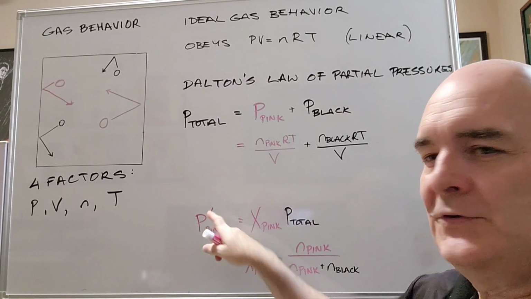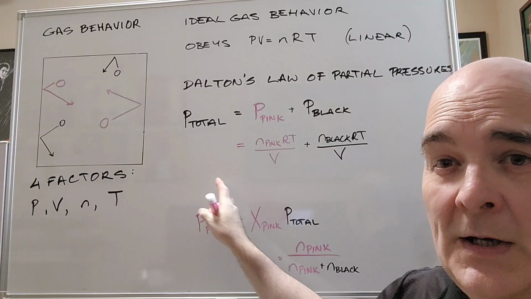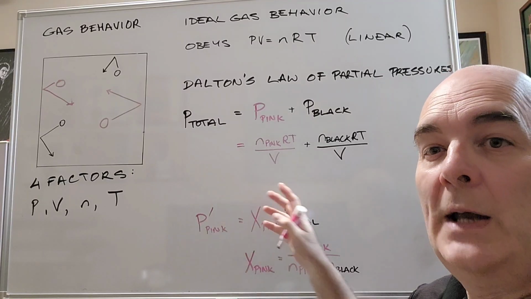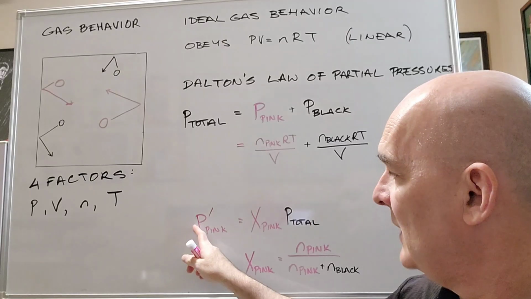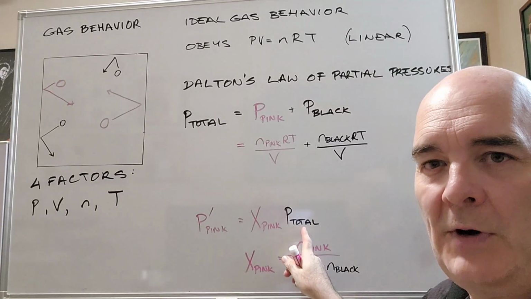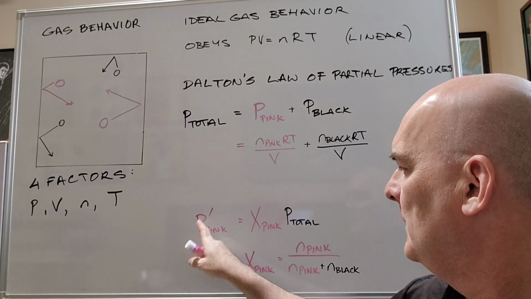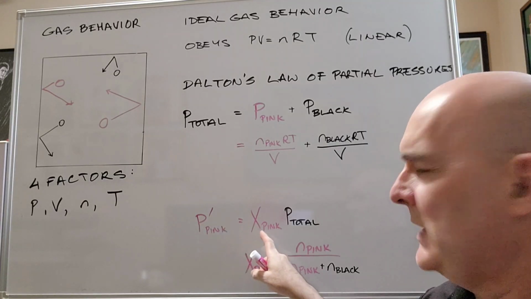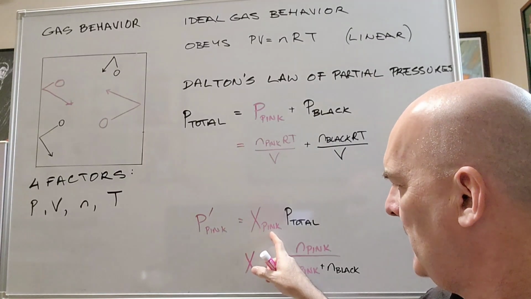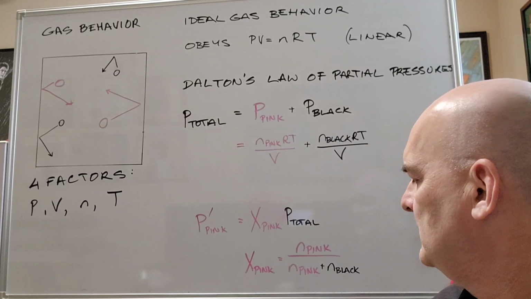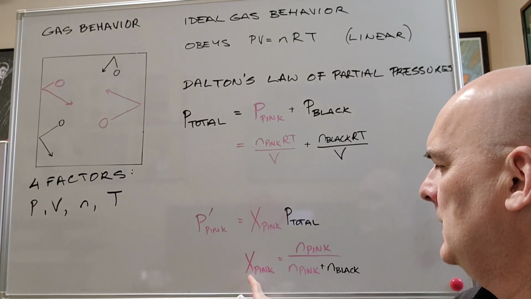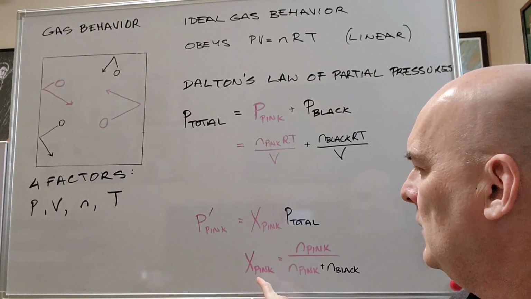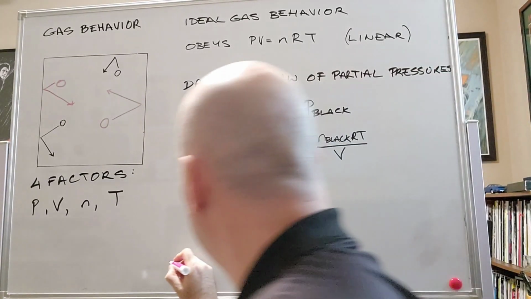So we put a little apostrophe there to let us know that this number belongs to another whole. It is a subset of the whole pressure. The partial pressure of the pink particles is equal to chi, or x, of the pink multiplied by the total pressure. Chi of the pink, a chi is just a tall x, is what we call the mole fraction.